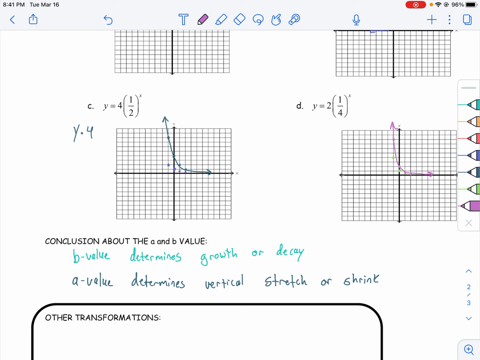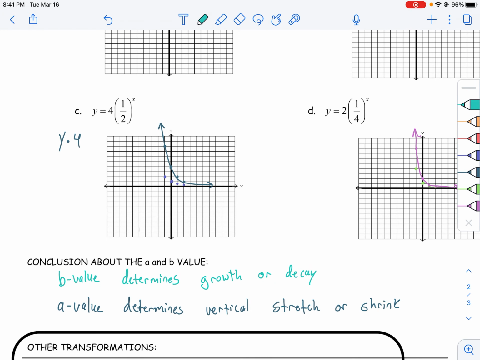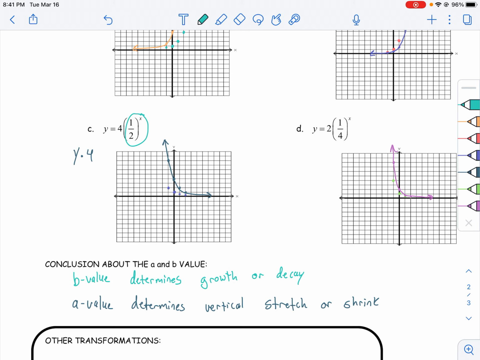If you have not yet figured out why there's a horizontal asymptote here, it's because this value, 1/2 raised to the x, or just b to the x in general, can never be equal to 0, right? You take 1/2, you raise it to the 1/millionth power.